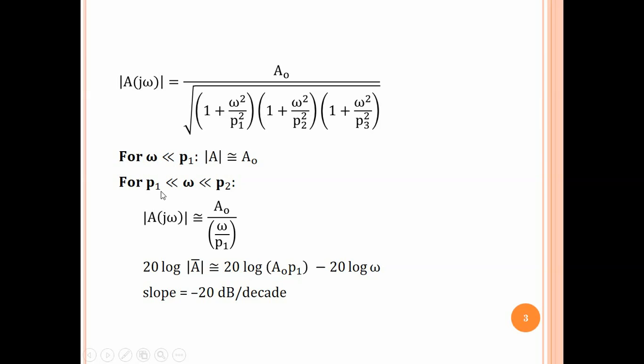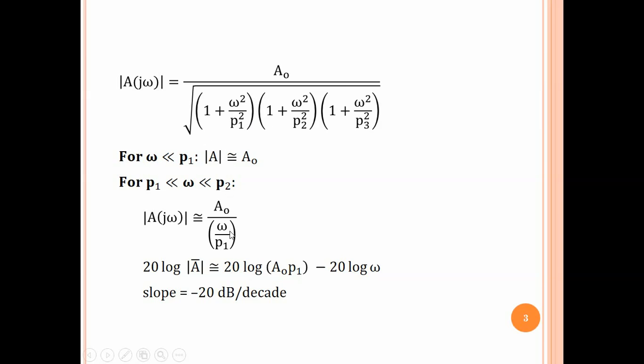For the frequency range where omega is between P1 and P2, so omega is much greater than P1, this first term will be much greater than 1. And the second and third term will be much less than 1. So we'll get only the omega squared by P1 squared, the square root of that in the approximate expression.